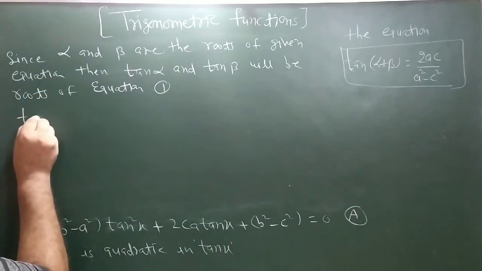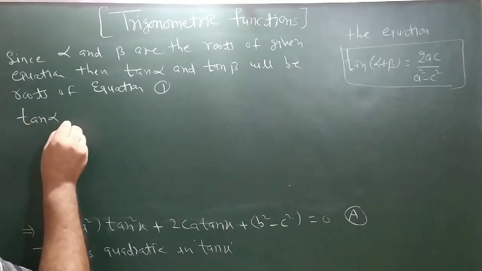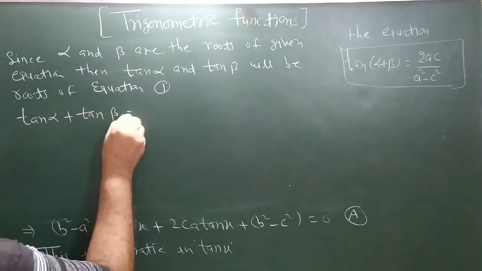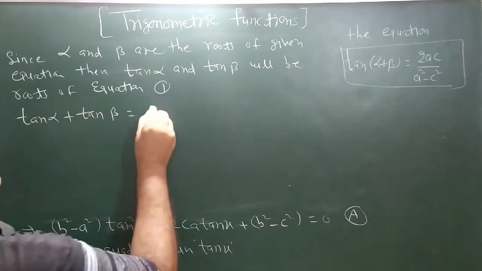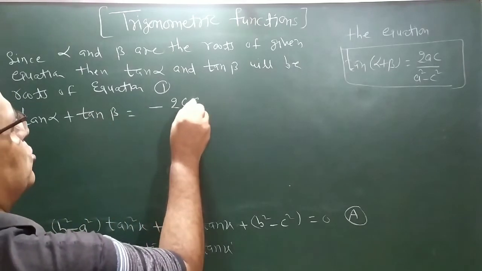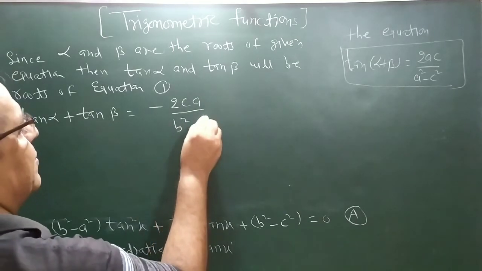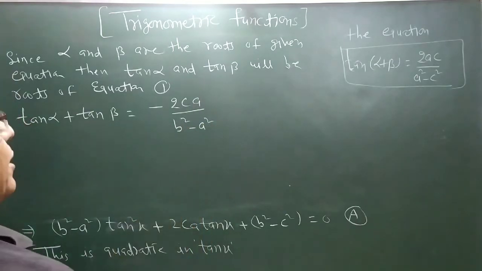So now apply the relation of roots and coefficients. Tan alpha plus tan beta, the sum of the roots, is minus b upon a, that means minus 2ca upon b square minus a square, equation 2.